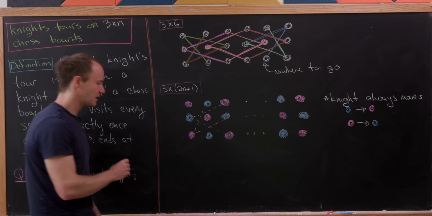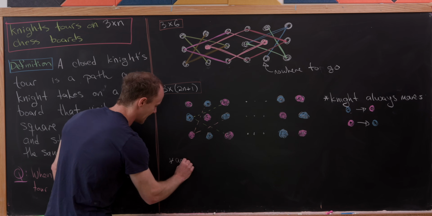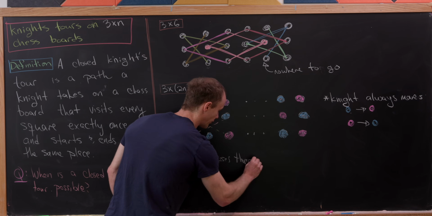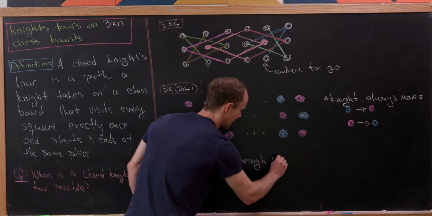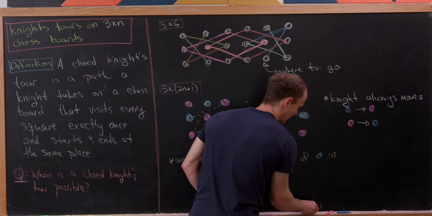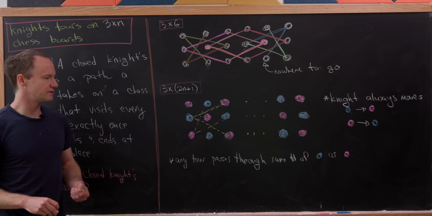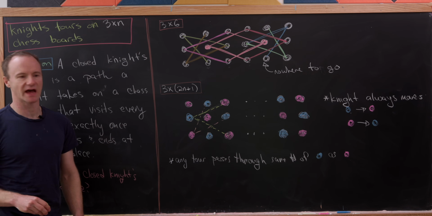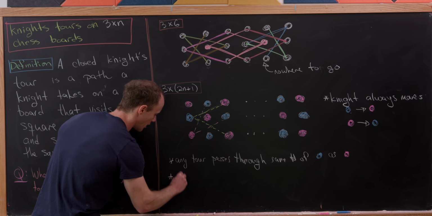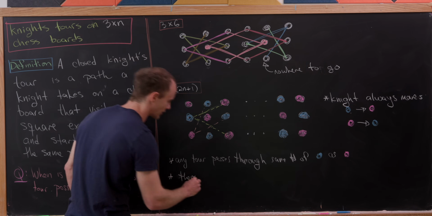Okay, but then let's also notice this second fact, and that is that any tour passes through the same number of blues as magentas. But then if it passes through the same number of blues as it does magentas, that means that there are an even number of squares on the board, or vertices in the graph.